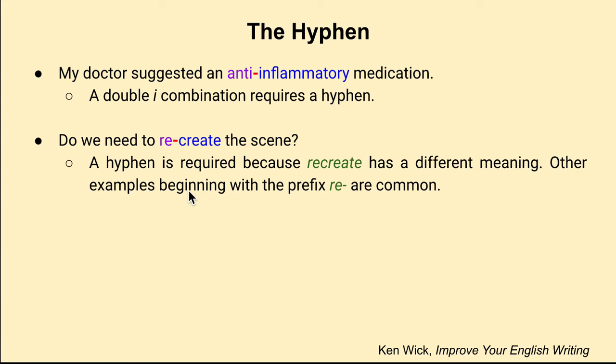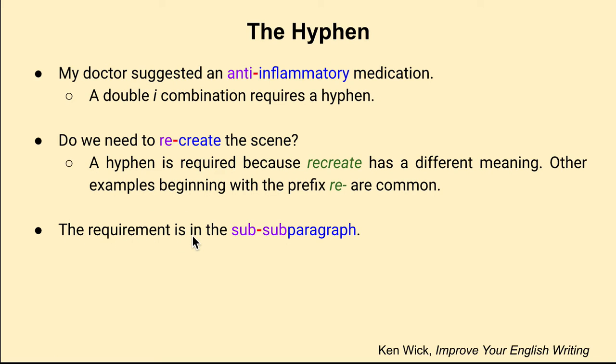I just want to point out that other examples beginning with the prefix re are common in this situation where they actually need to be attached with a hyphen, because if not, they form a different word, which has a different meaning. So in this case, we need to add the hyphen to the prefix for a word that may be misread.